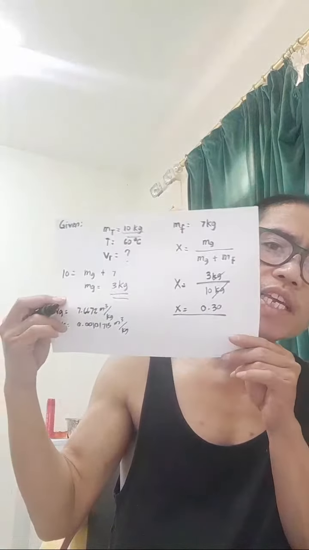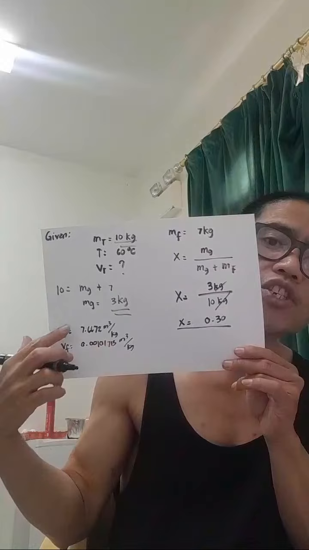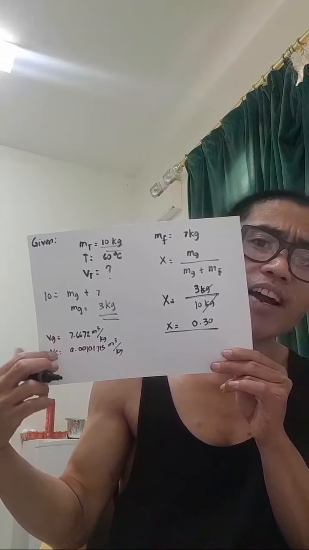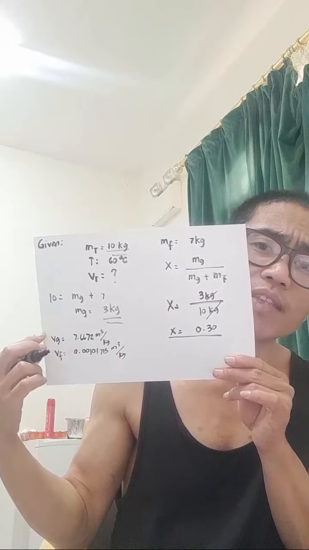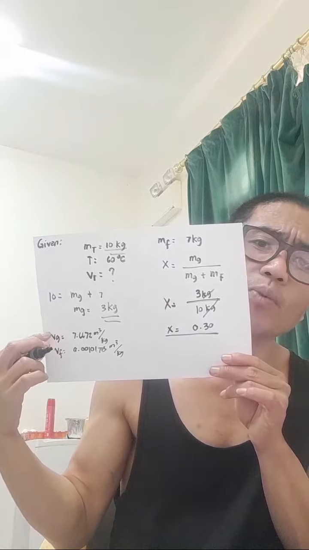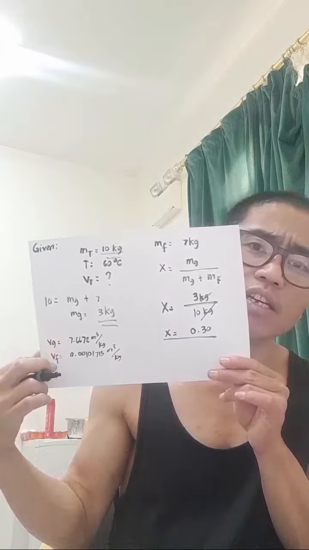Okay, this one. So if you see there's a subscript G and F, guys, these are automatically specific. Specific volume of liquid state VF, specific volume of the gas state VG.